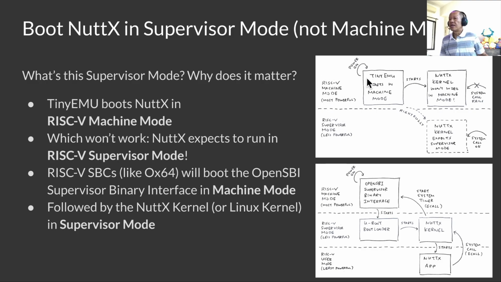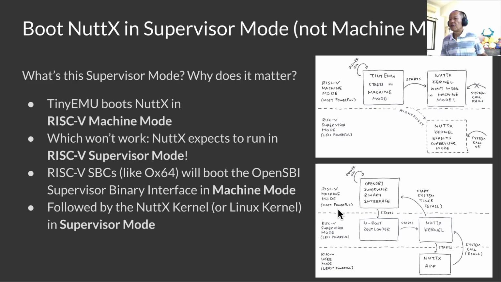TinyEMU is a bare-bones RISC-V emulator. It boots in only one mode, RISC-V machine mode, which is the most powerful mode in the RISC-V system. But Nutex for AUX64 won't work in RISC-V machine mode. It expects to run in RISC-V supervisor mode, which is one level less powerful than machine mode. Why supervisor mode?